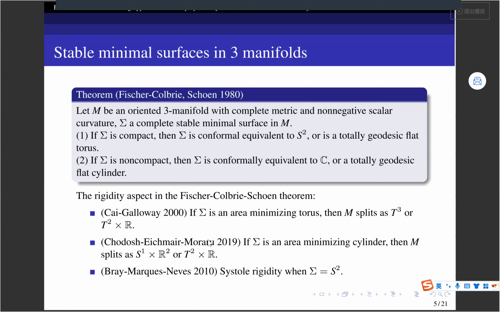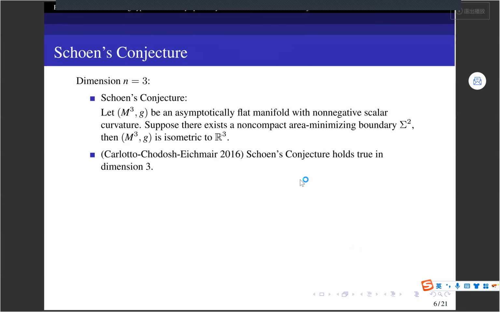These three cases constitute three of the four cases of the Fischer-Colbrie–Schoen theorem, and the remaining case is when sigma is a plane, which corresponds to a version of Schoen's conjecture. Actually, there are many different versions of Schoen's conjecture.